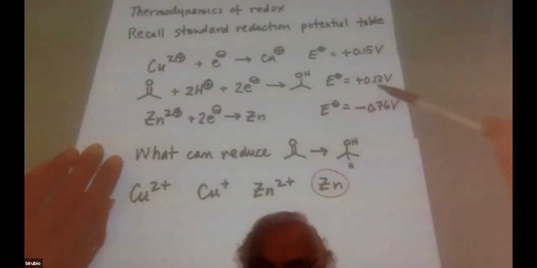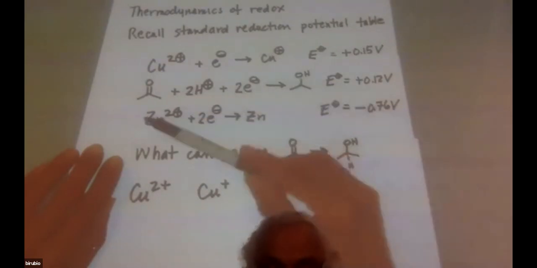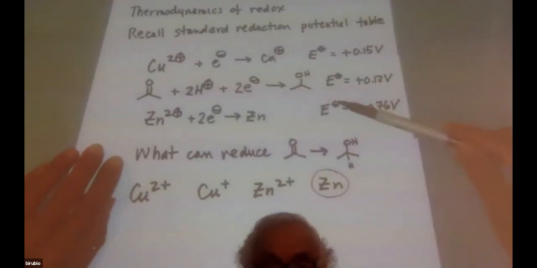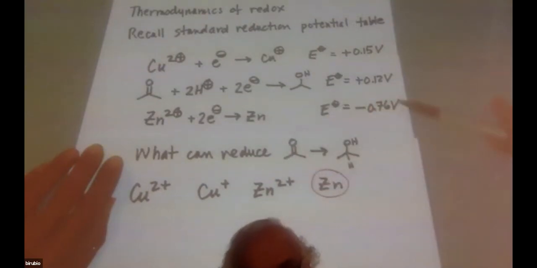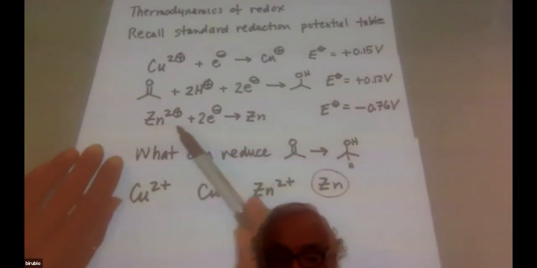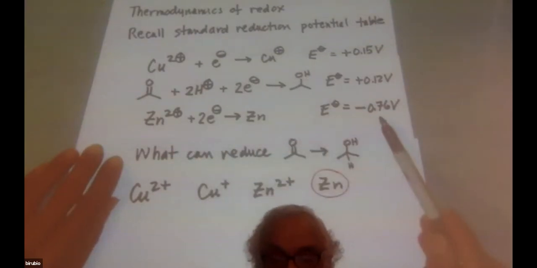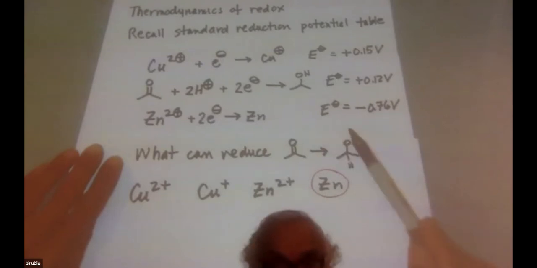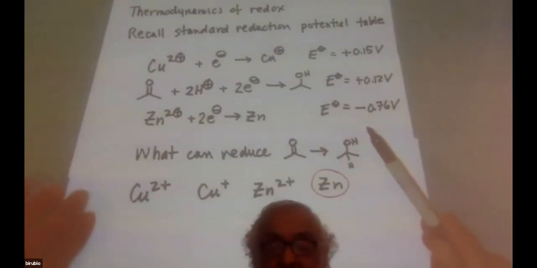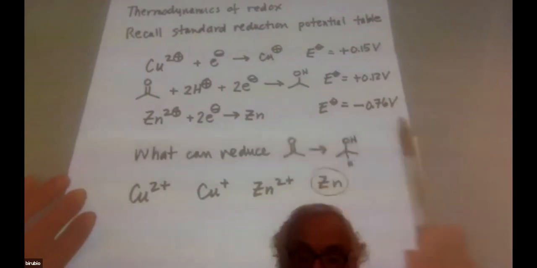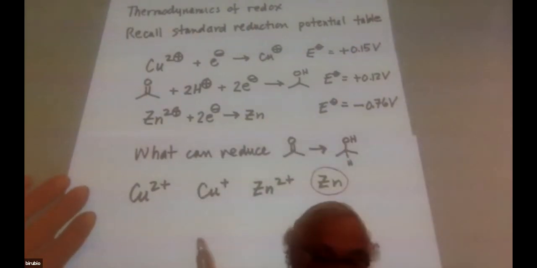Because all of these are reductions, we have to have an oxidation if we have a reduction. We can't have 2 reductions. We have to have an oxidation and a reduction. So we choose this one whose number is less positive, and we reverse it. This will happen as the reduction, and this will happen as the oxidation.